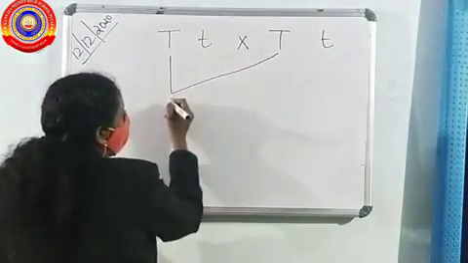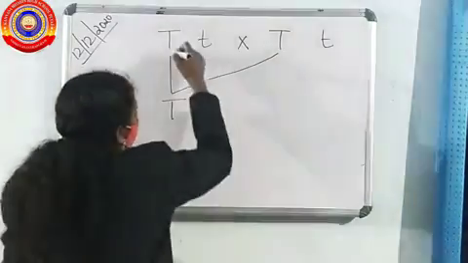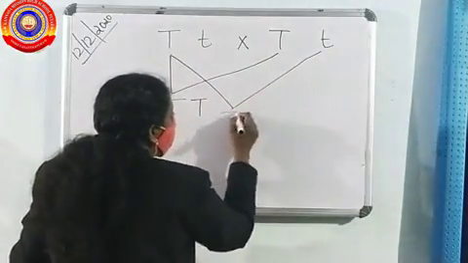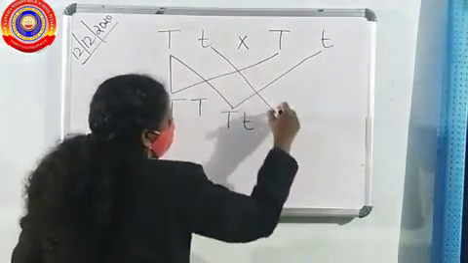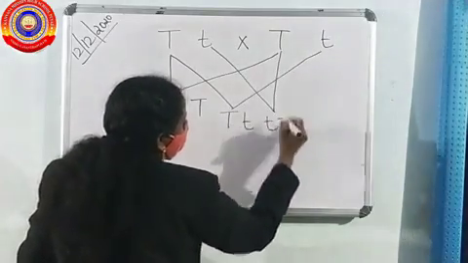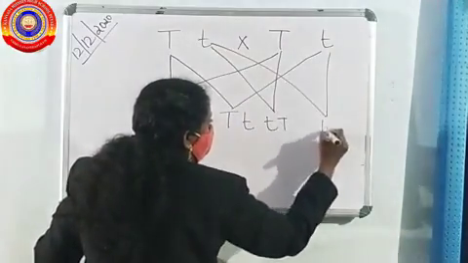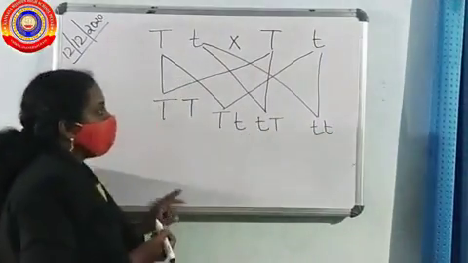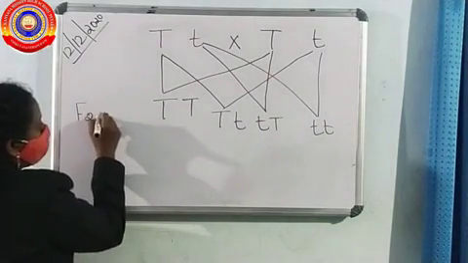Capital T, capital T. Capital T, small t. Then small t, capital T. Last one, small t, small t. This way you have to write. We can address it as F2 generation.